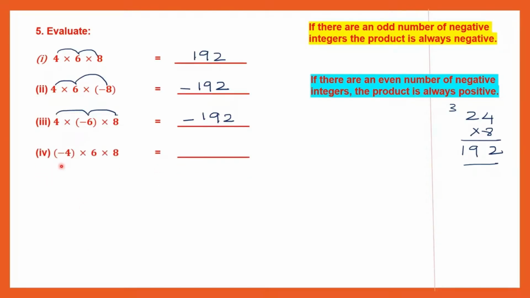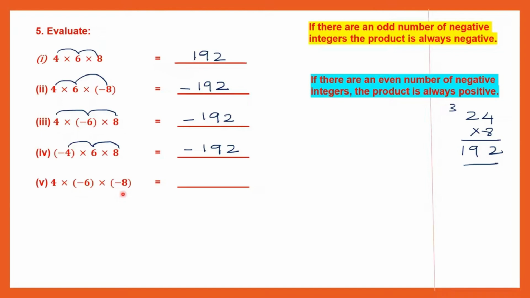Next one. Here we have one negative integer. It's an odd number. So the answer will have a negative sign. And 4 into 6 into 8 is 192. So the answer is minus 192. Fifth one, look out for the negative integers, 1, 2. So that is an even number.